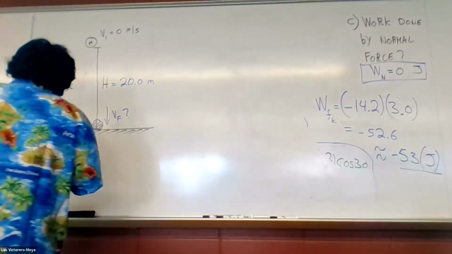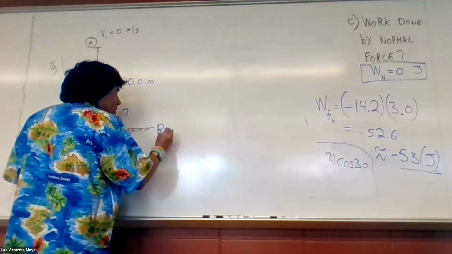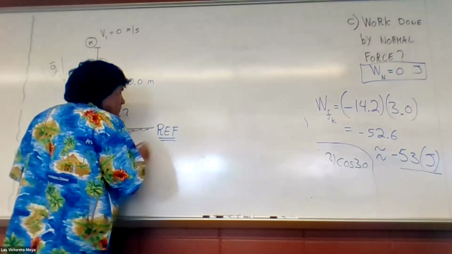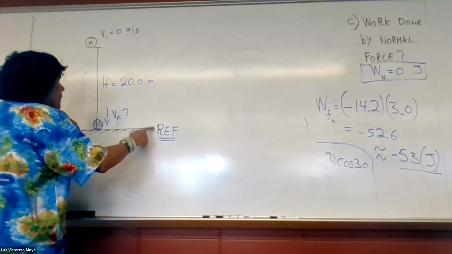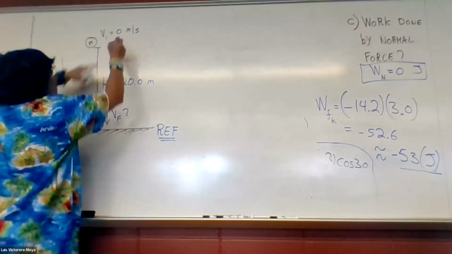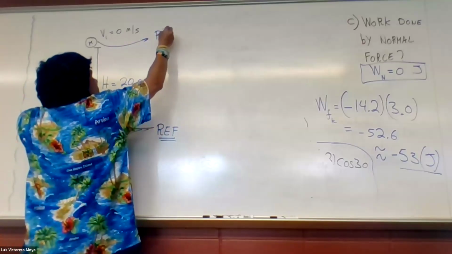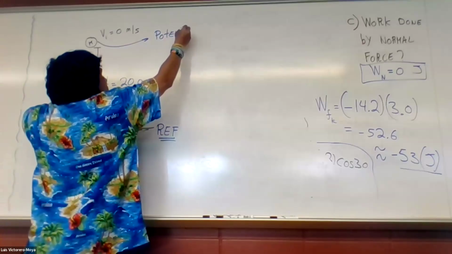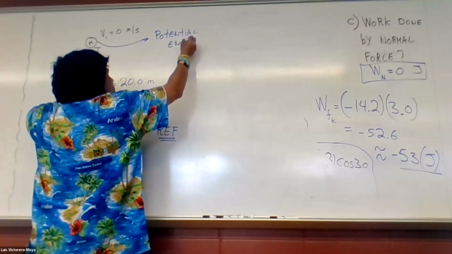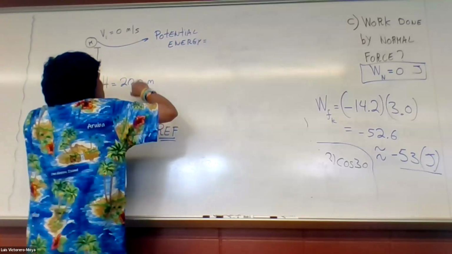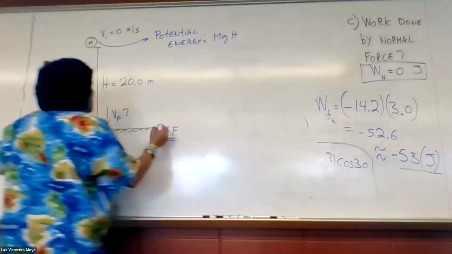First of all, the ground is going to be my reference point. I need to do that first. If that's my reference, then the mass at rest has potential energy. The potential energy is mgh, this h.